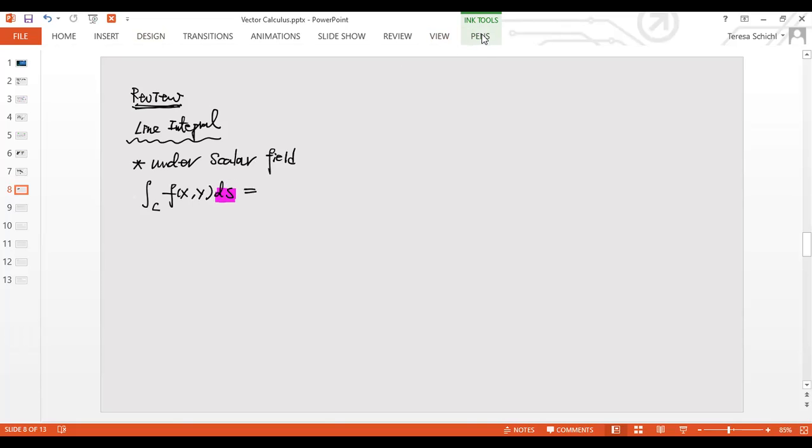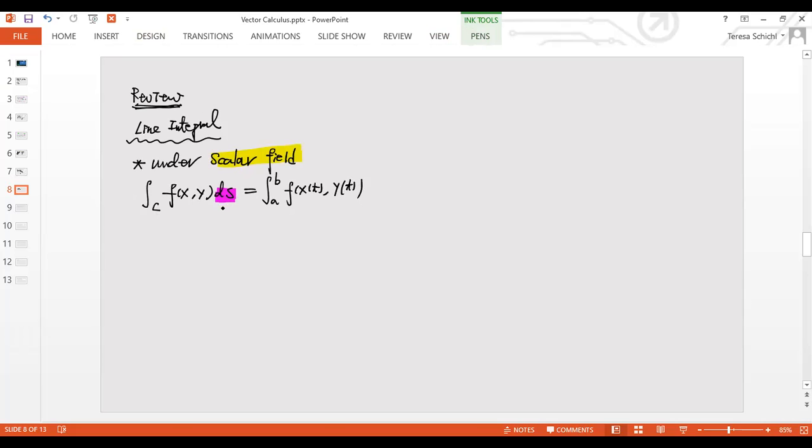Under the scalar field, the hardest part is to find the parametric form of these curves. After you find it, you switch everything to t: you replace x, y with functions x(t) and y(t).